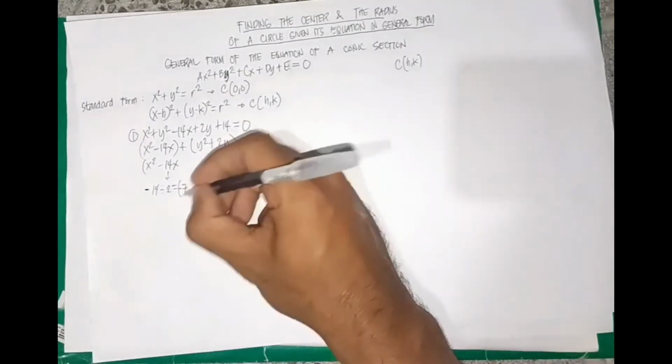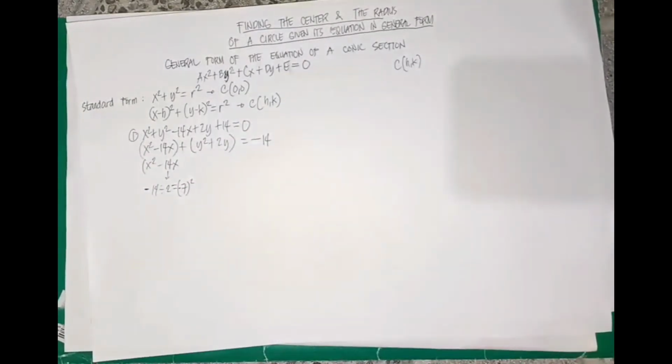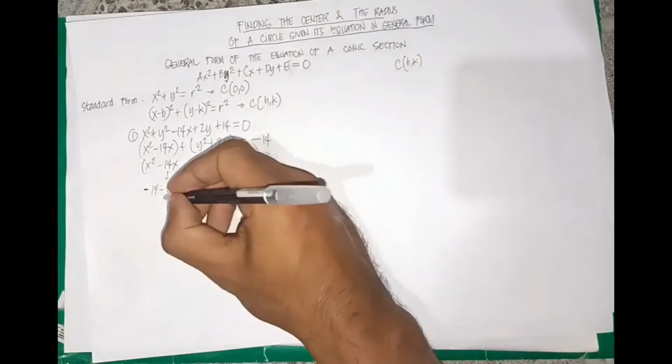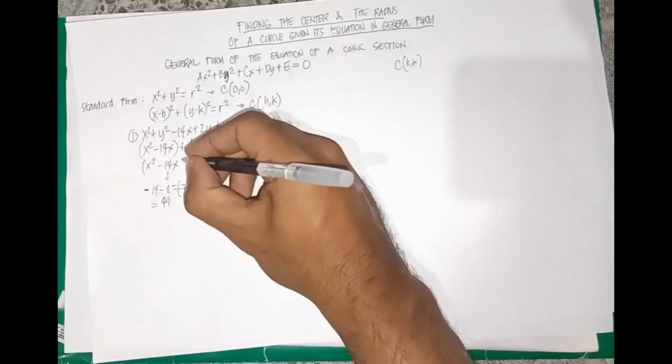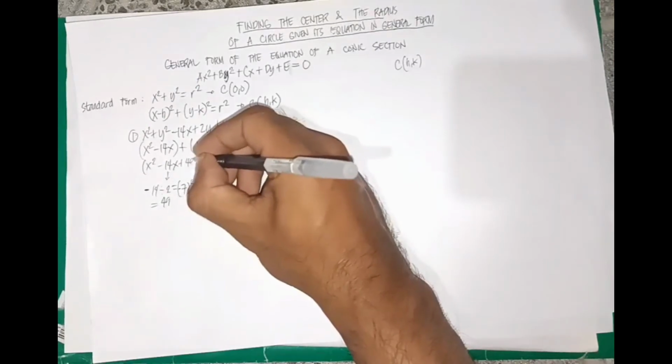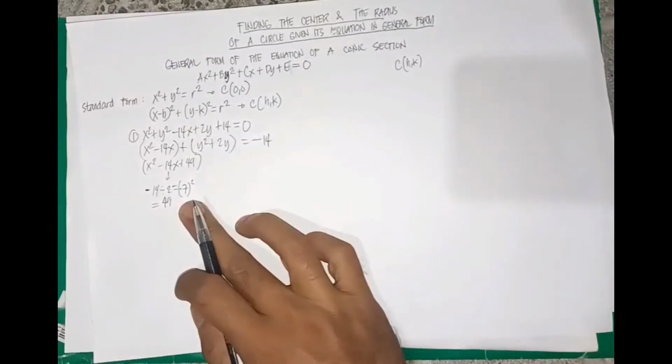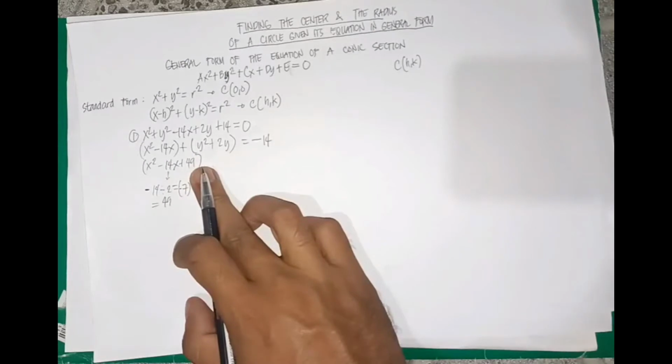Then this negative 7 will be squared, so the answer will be 49. Therefore the third term here is positive 49, because negative 7 times negative 7 is positive 49.